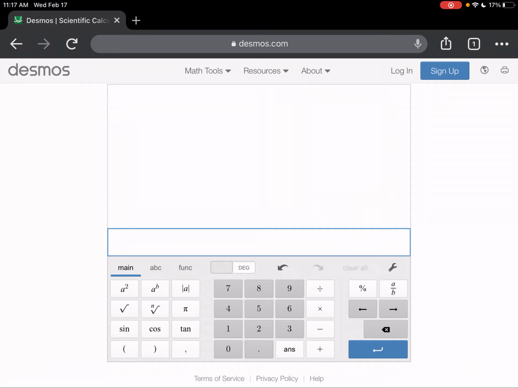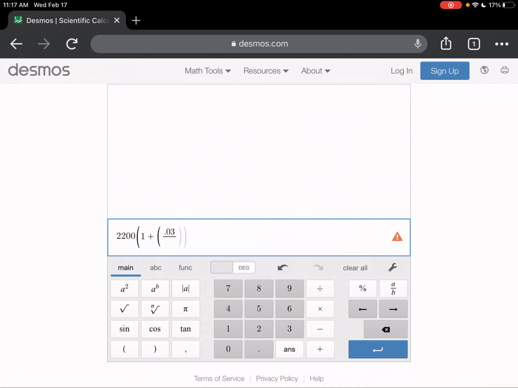Okay, so we have 2,200. And then we have 1 plus, and I need another set of parentheses here. So we're going to have that again, and then we're going to put our 0.03. You have to use the divided sign. On your calculators, you cannot use the little fraction symbol. You have to actually do divided by.